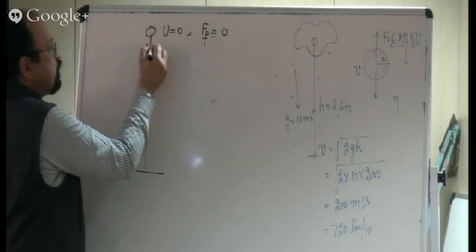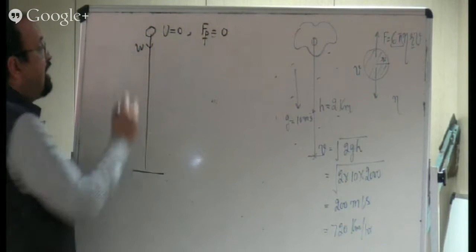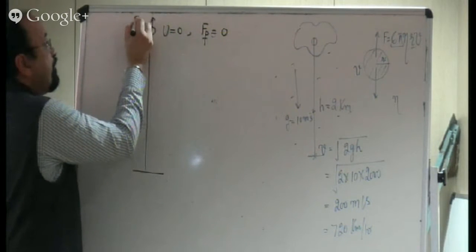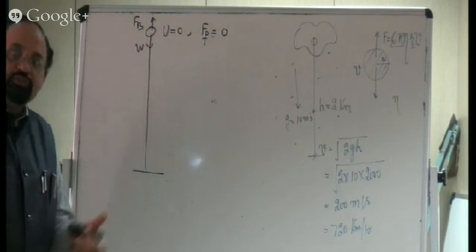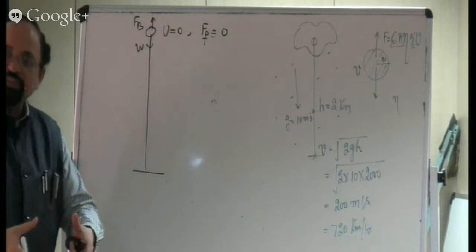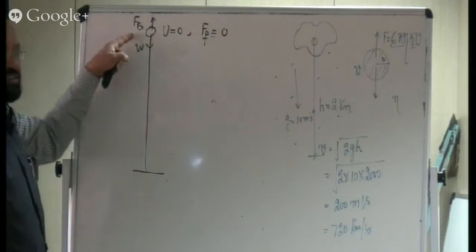So what is there then? There are two forces. One is the weight, mg, that is the weight of the body, and there is another force that we call the buoyant force. That's the upward thrust. Because air also is a fluid, anybody present in air is going to experience an upward thrust, and this upward thrust is there.